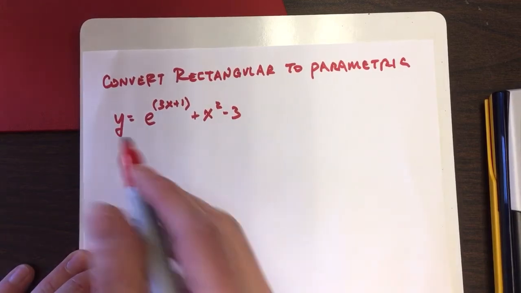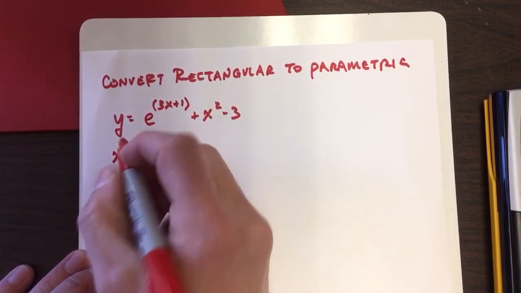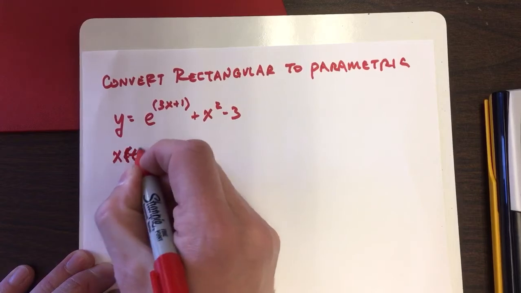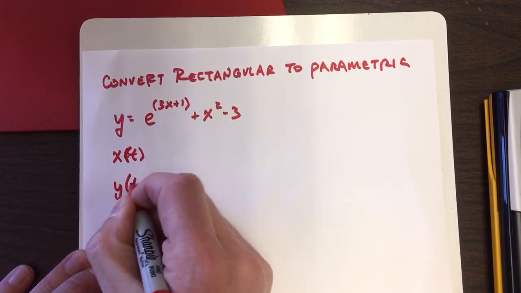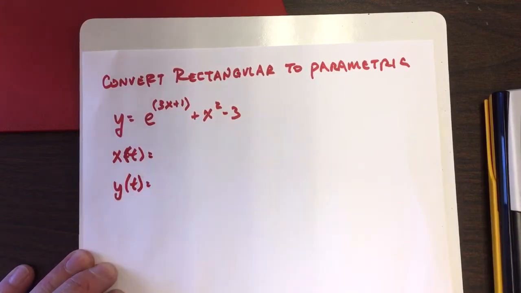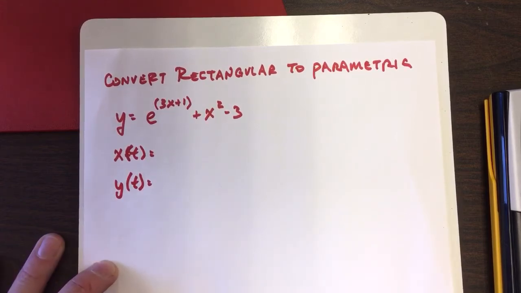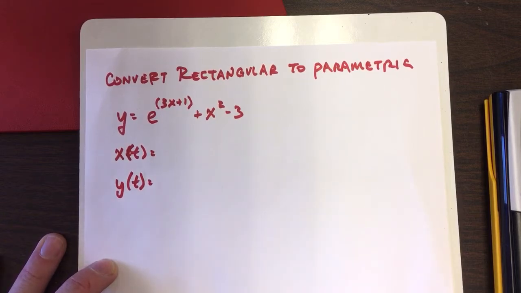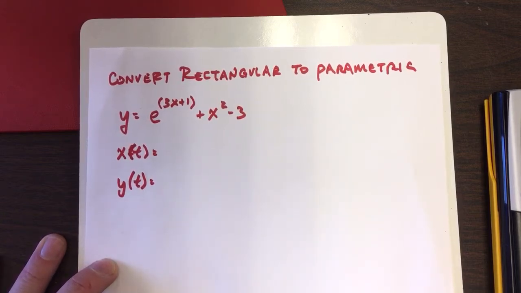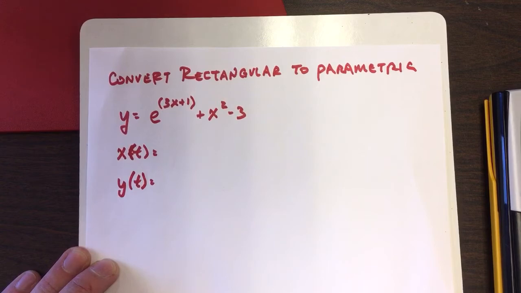For parametric equations, we need some x equals in terms of t, and some y equals in terms of t. We're gonna do something crazy here. Everybody, slow down. If you feel like we're going too fast, at this time of the year, you might want to quit high school after this one. It's just game over. It's so hard.